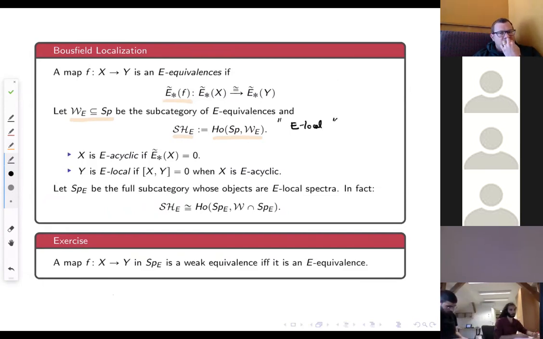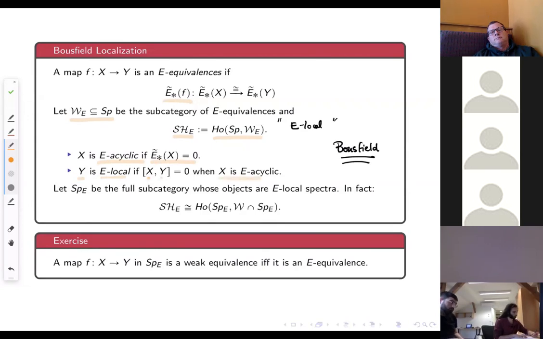It's a theorem of Bousfield that this exists, and the paper of Bousfield is on my website. I'm going to need a little more about these things later. We say that X is E acyclic if it doesn't have any E homology, and that Y is E local if all maps from X to Y are zero whenever X is E acyclic.